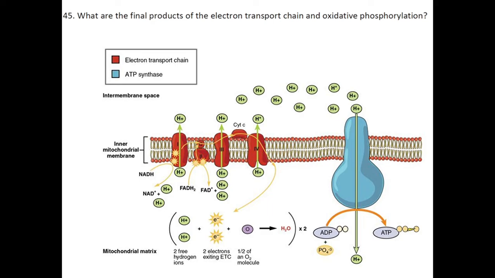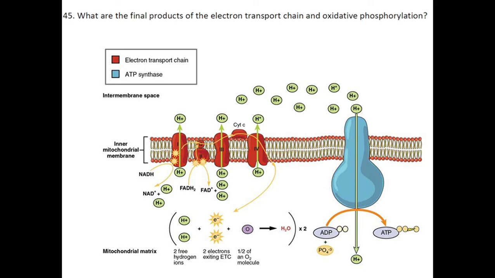They want to go through a process so that they have a balanced concentration, equal concentration between those two sides. So where do all those H+ go? They will go through the fifth complex, the giant blue molecule.